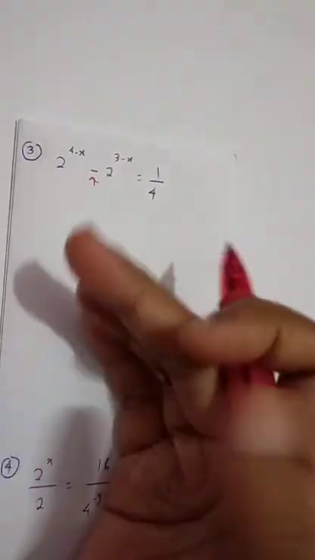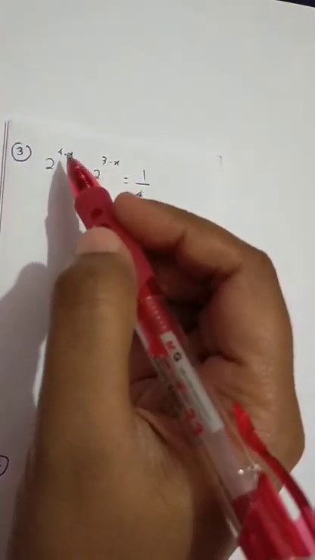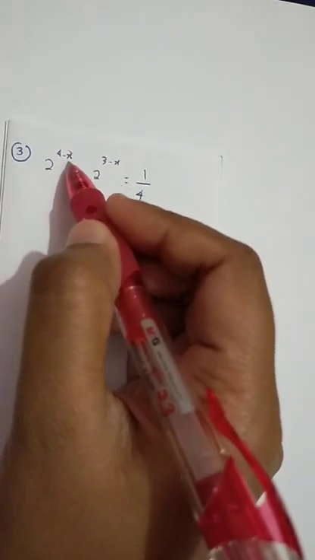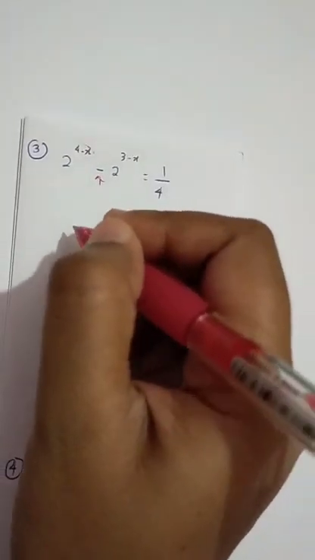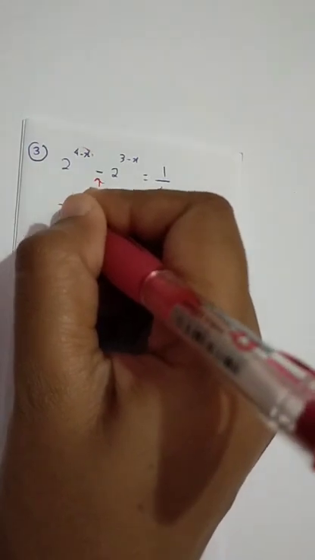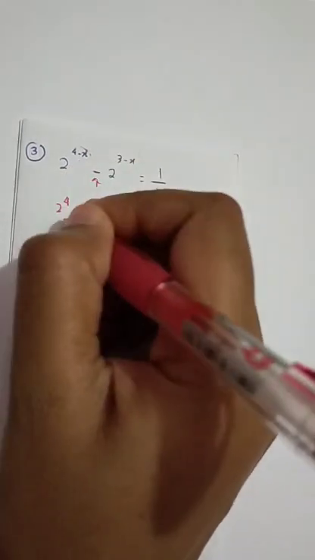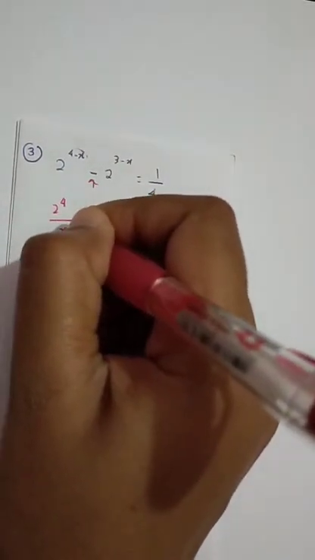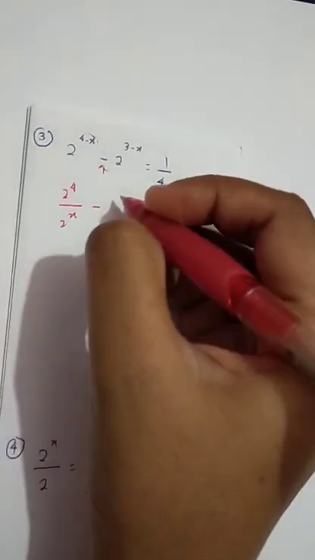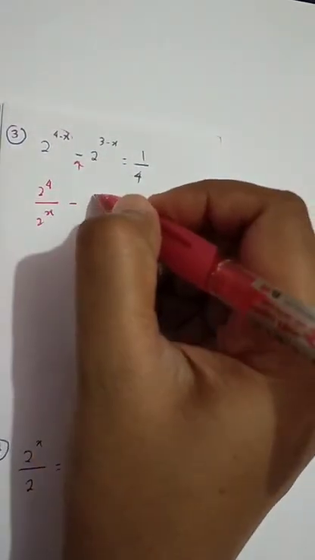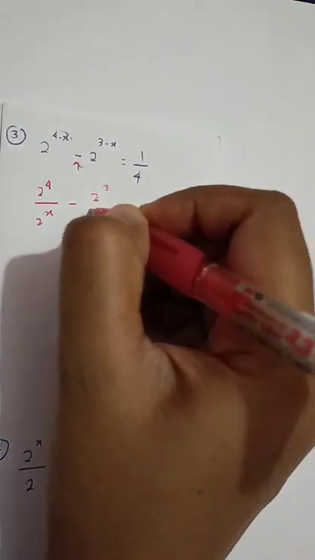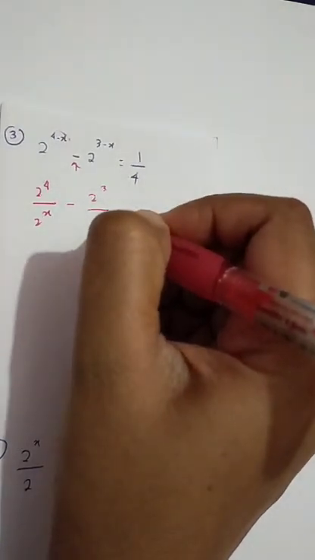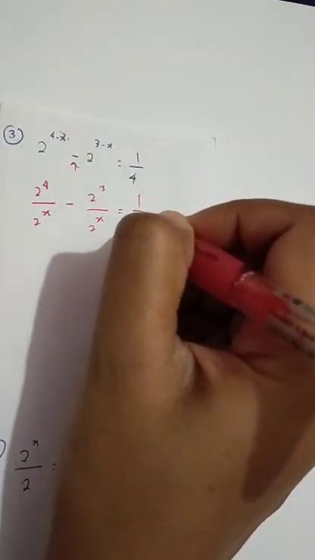So what I can do here is, you see the power here is minus. So when the power is minus, you know it is 2 power of 4 minus, right? So over 2 power of x minus 2 power of 3 over 2 power of x is equal to 1 over 4.